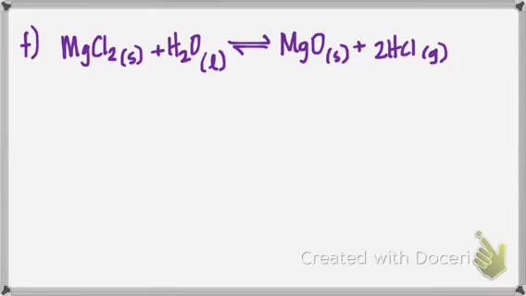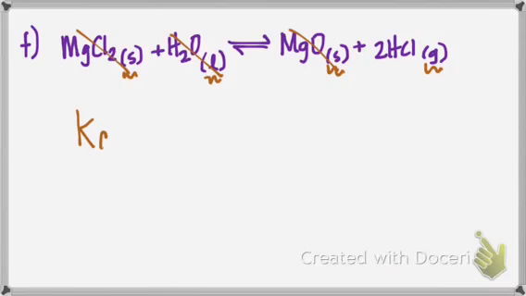In this third example of writing for Kc, again, I'm going to examine my states of matter. I have a solid, can't use that. I have a liquid, can't use that either. I have another solid, can't use that. I have one thing that I can use.